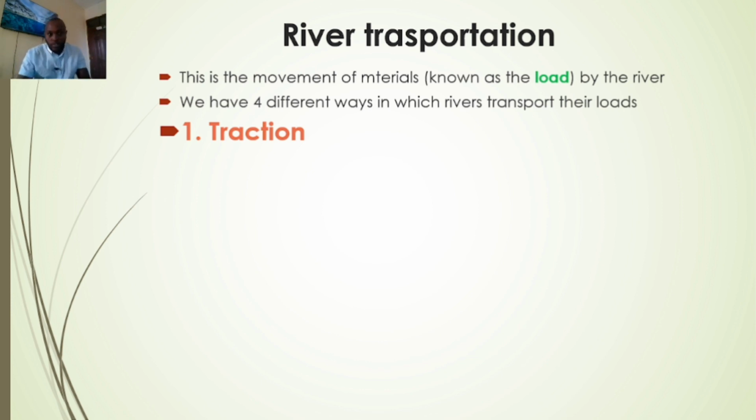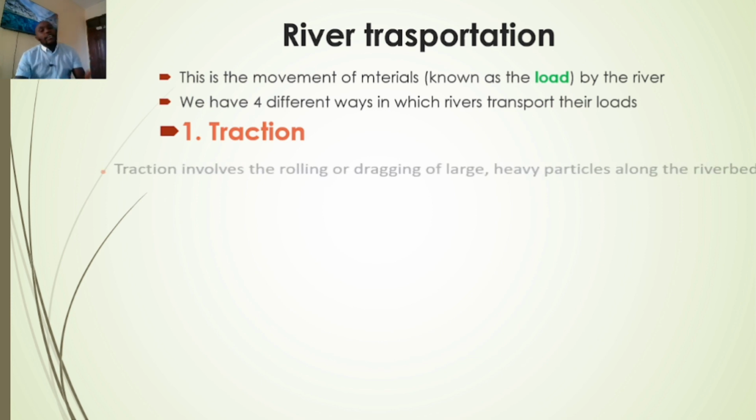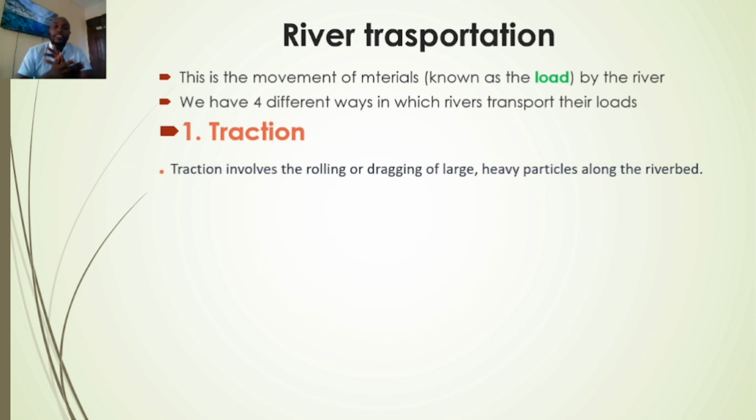So you have the first one, traction. Now traction, what is it? Traction involves the rolling or dragging of large heavy particles along the riverbed, not bouncing but just dragging along there. So they are heavy materials rolling or dragging along the riverbed.